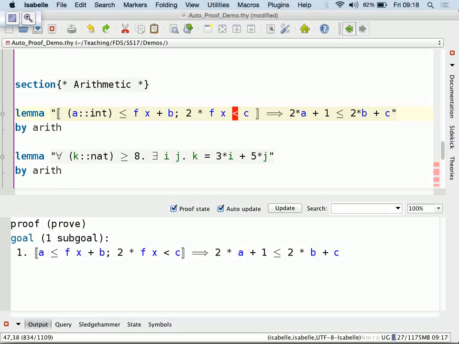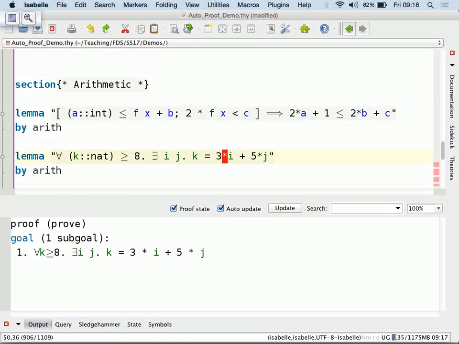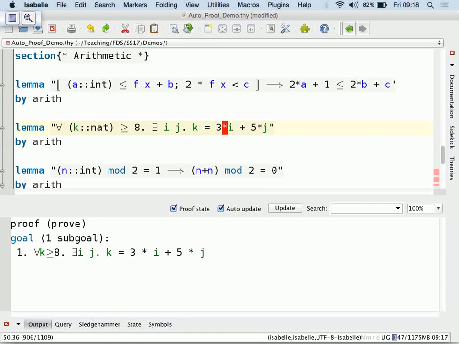This is often stated as the stamp problem, that any value greater than or equal 8 cents can be gotten as a combination of 3 cent and 5 cent stamps. And so this can be done automatically. If you were to make the 3 and the 5 variables, that wouldn't be linear anymore, and then it can't be done automatically. But this one can be.